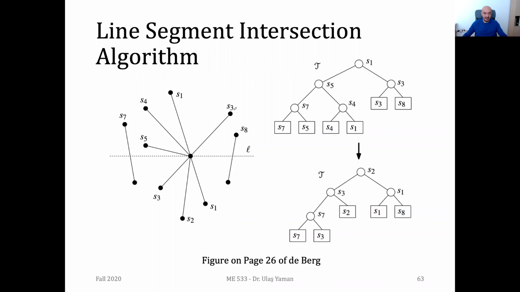And you can see the dramatic change in the status data structure. It's completely different. Just above the sweeping line, we have such an order. You see 7, 5, 4, 1, and then comes 3 and 8.